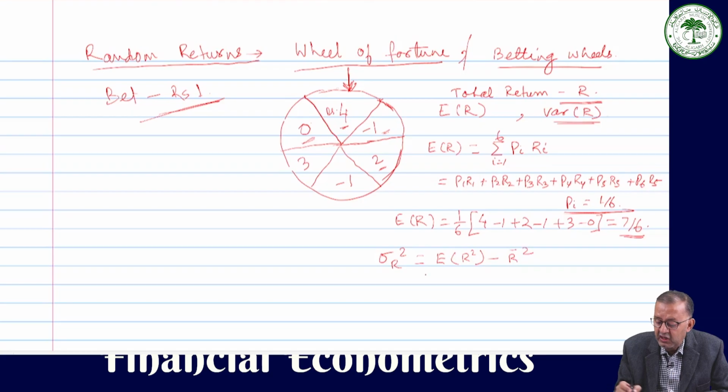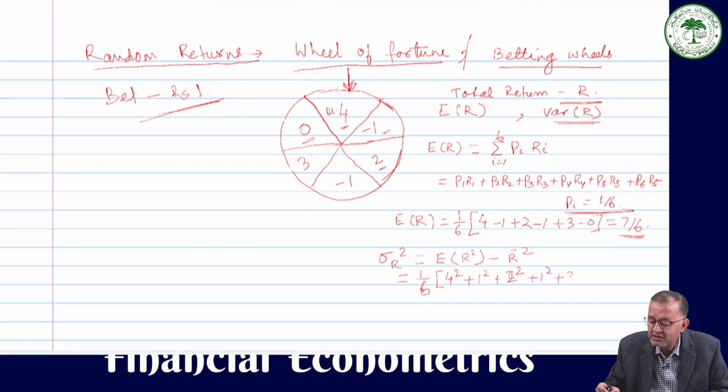So, expected value of R square is equal to 1 upon 6 into 4 square, this minus sign, when we take the square, this will become plus 1 square plus 2 square plus 1 square plus 3 square, 0 square, minus 7 by 6 square.